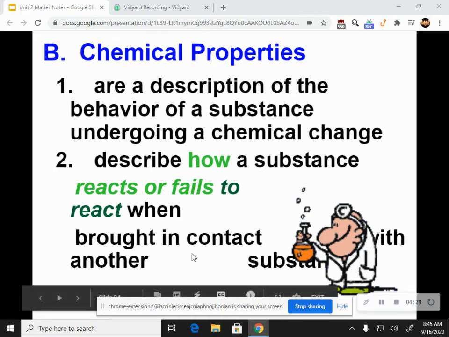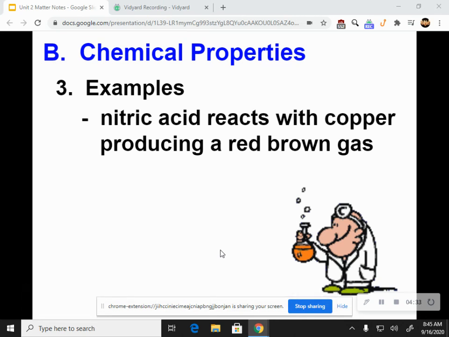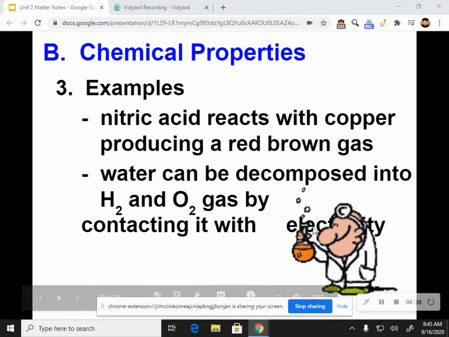So brought in contact with another substance. So the examples are nitric acid reacts with copper to produce a red-brown gas. If you look at iron, it oxidizes when it comes in contact with water on a longer scale and turns red. That is a chemical property.